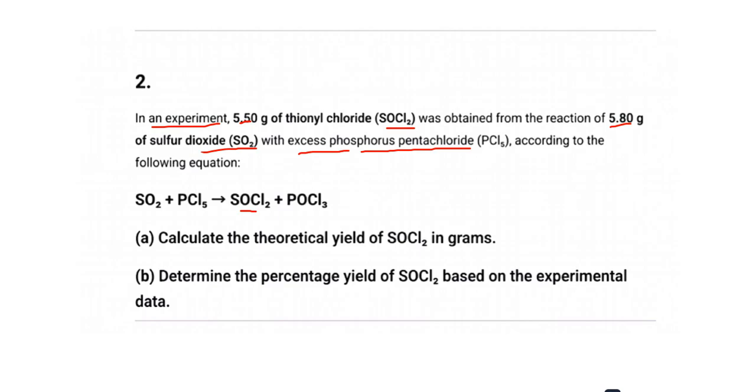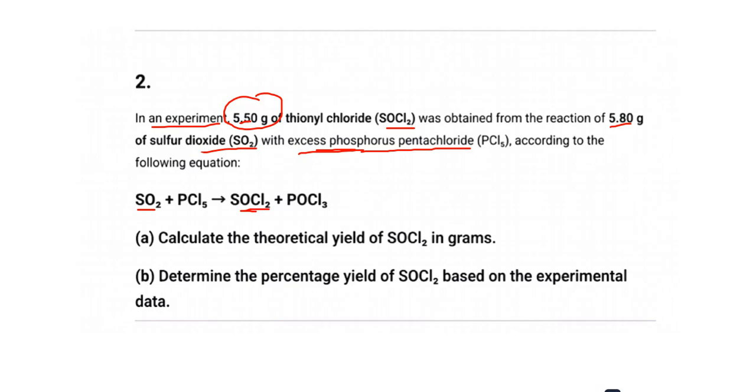So this word, excess phosphorus pentachloride, means that there's no need for us to find the limiting reactant. We just use the moles of this to find the theoretical yield of this, because this one here is our actual yield, so we want to find the theoretical yield.